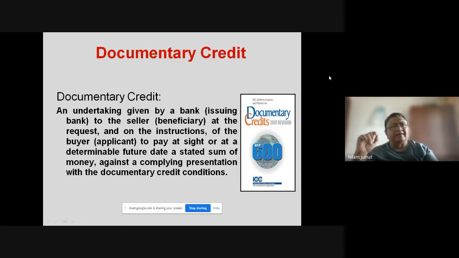This is a bit more technical than collection. Collection is straightforward: send the document, give the money, get the money, you send it to the bank, right? This is a bit more technical, but like I told you, I will sufficiently cover it so you absorb the core understanding of what documentary credit is.